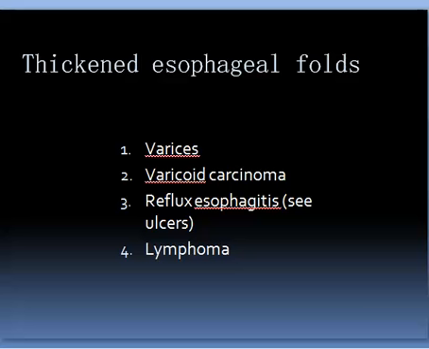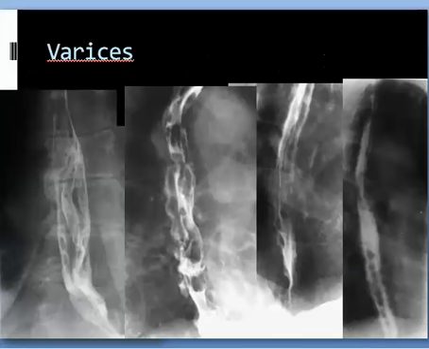These four will be always mentioned whenever we find thickened longitudinal esophageal folds. So here is the appearance of varices as tubular filling defects, but still we have to consider varicoid carcinoma, you can consider reflux esophagitis, and you have to consider lymphoma.